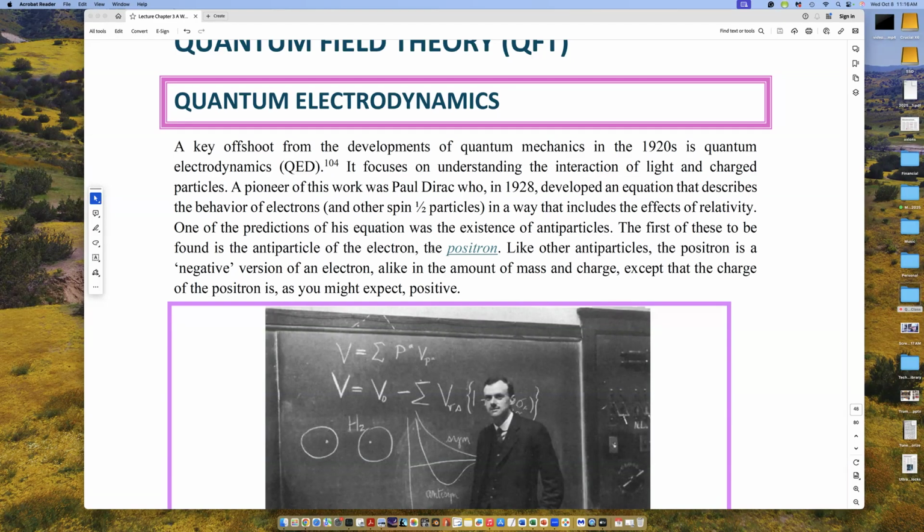In the process, he discovered that there must exist an antiparticle of the electron, we now call it the positron, and opened up a whole new field in physics to the idea that fundamental particles have antiparticles. For example, in the case of the electron, it and its antiparticle, the positron, have the same mass but have opposite charge.